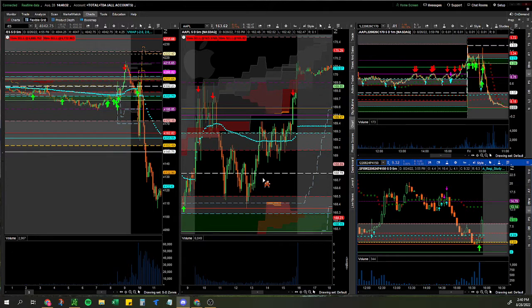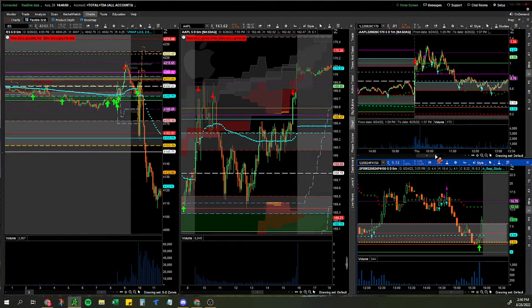So as this drive is getting going to the upside, I'll be watching the 170s. And I'll be trying to get them near beast levels, but if I can't, I don't have to trade it.